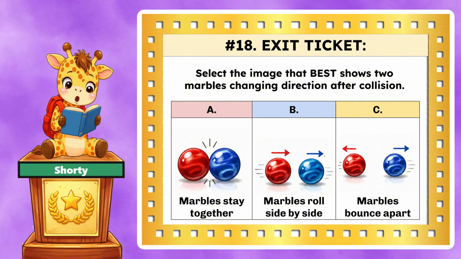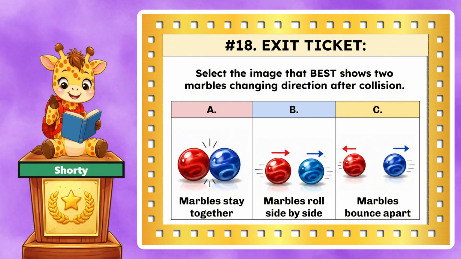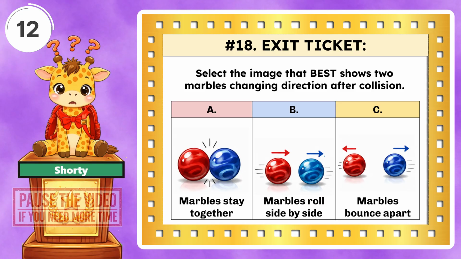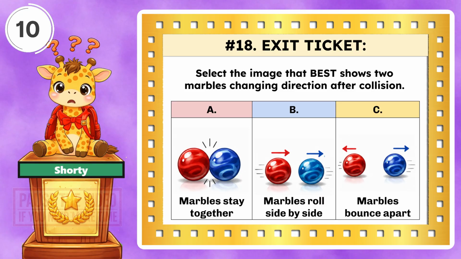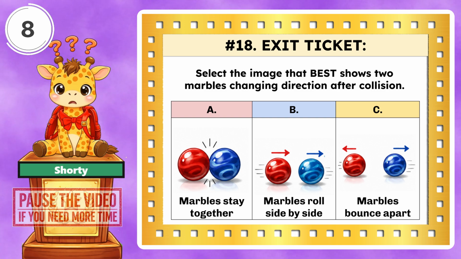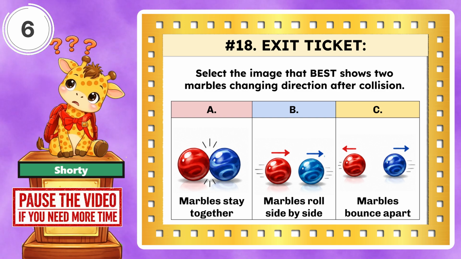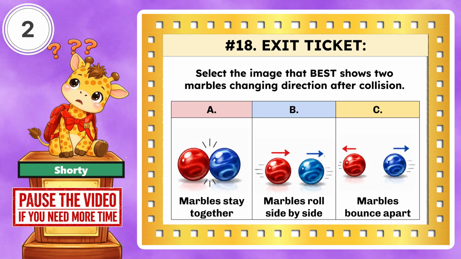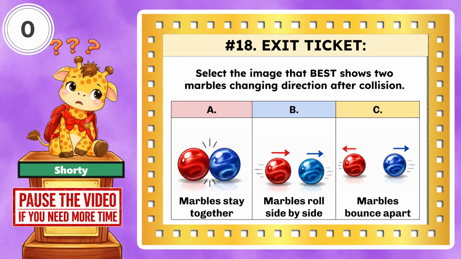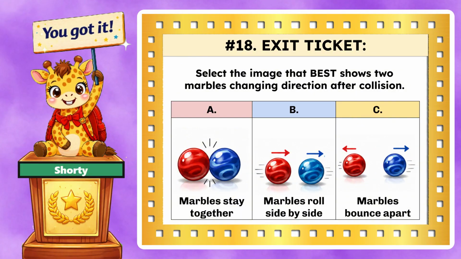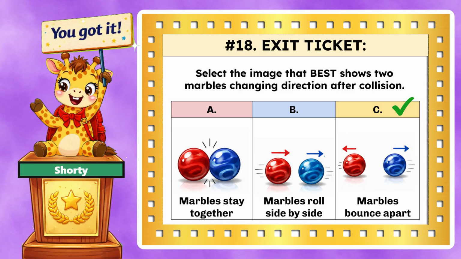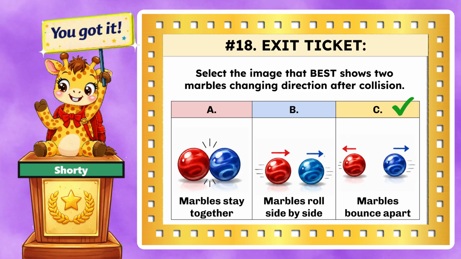Select the image that best shows the marbles changing direction after collision. And the correct answer is letter C. Marbles bounce apart.